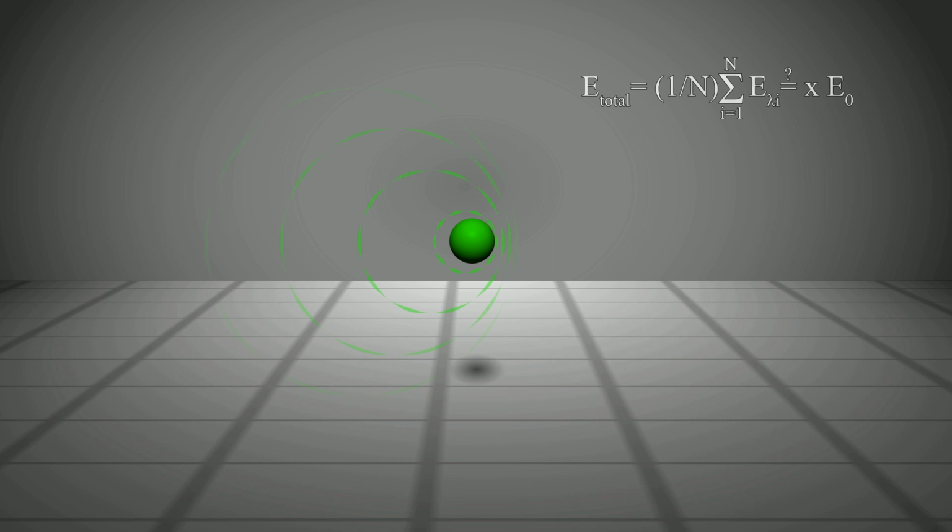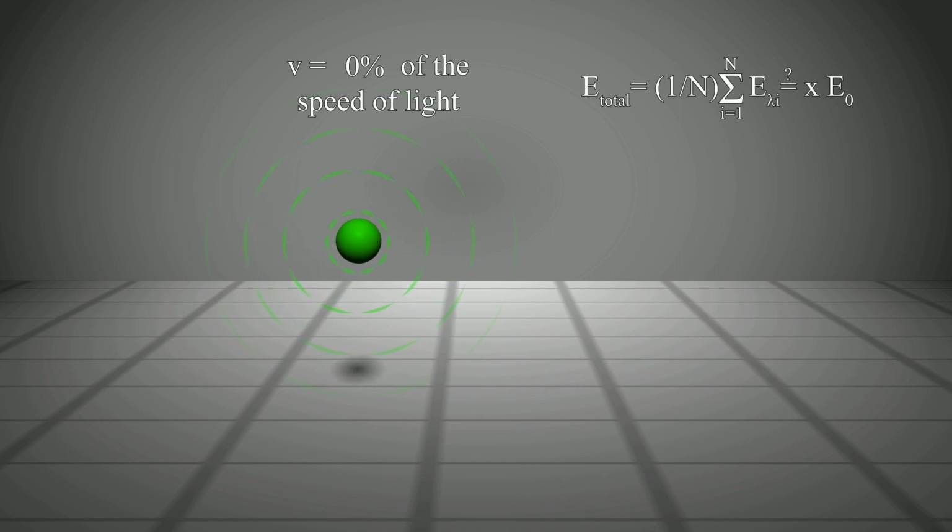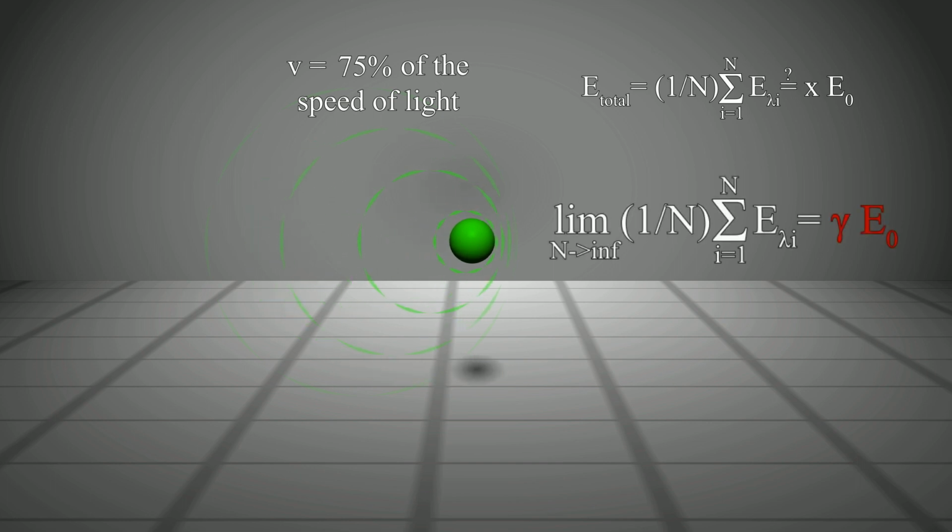Using the average of all energy levels, we will find the factor influenced by velocity that will multiply the rest energy of the particle. By varying the center of the Doppler effect, which would translate to varying the speed of the particle compared to the speed of light, the simulation will show that the rest energy is increased by the Lorentz factor.